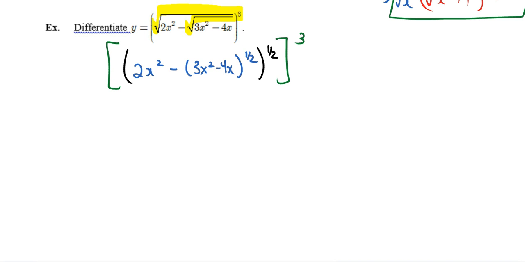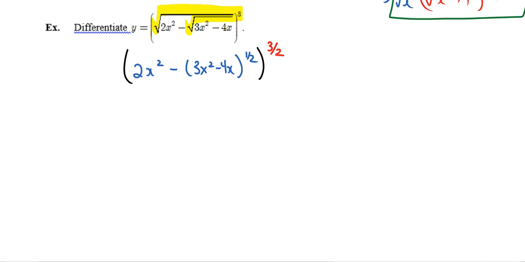Okay, so that's step number 1. You want to get rid of all the radical signs and change them into powers of 1/2. And then if you apply your exponent rules, you'll notice that this 3 and that 1/2, you're able to actually multiply those together. And if I do that, I get 3 over 2. So let me just delete this now and give you a 3 over 2 here.